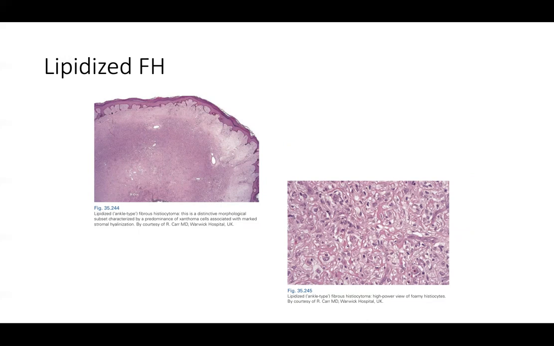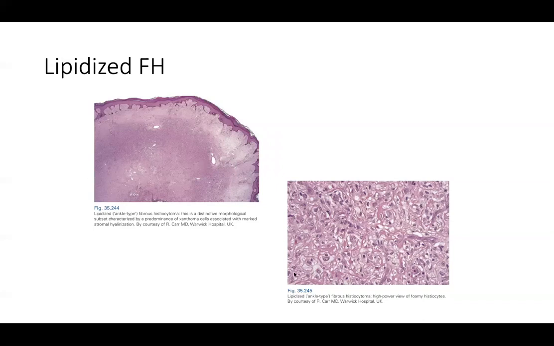You get this histology that shows epithelioid and spindled cells with some areas of foamy histiocytes, or foamy cytoplasm rather, and those are the lipidized fibrous histiocytoma cells. You can often see scattered hemosiderin throughout the lesion as well.